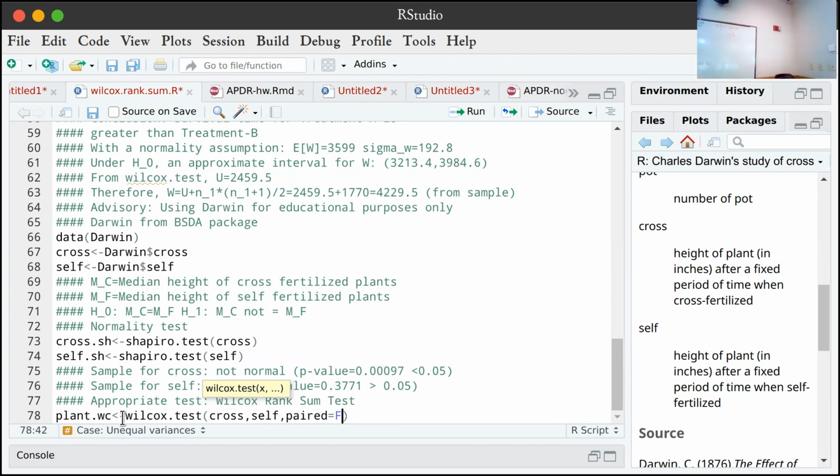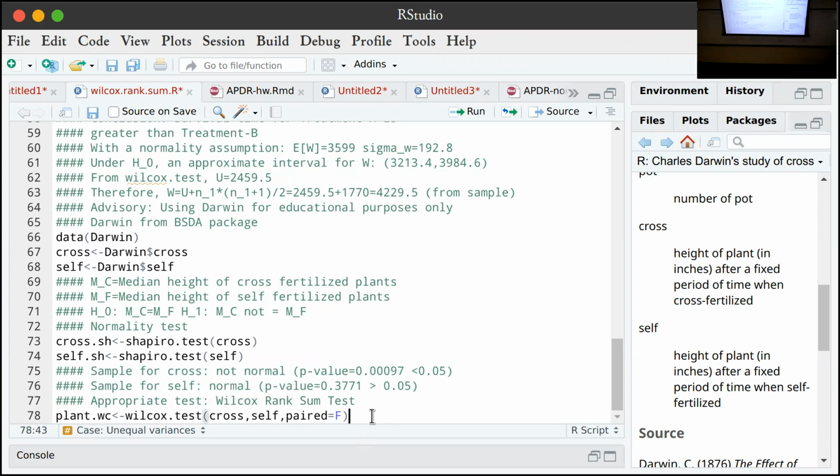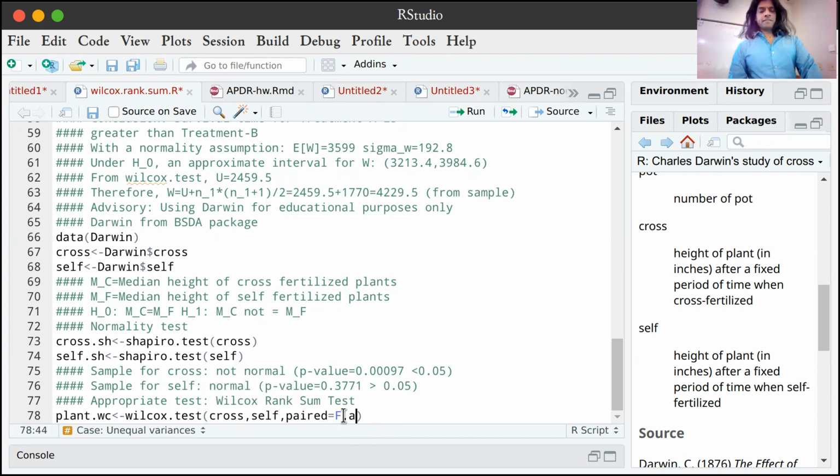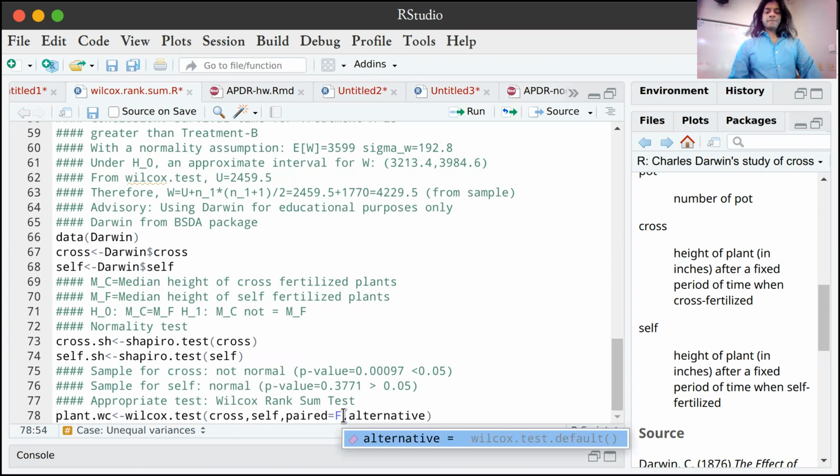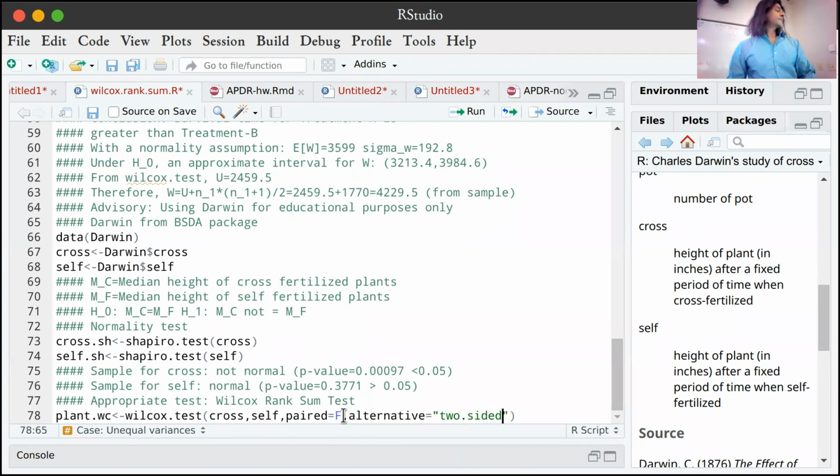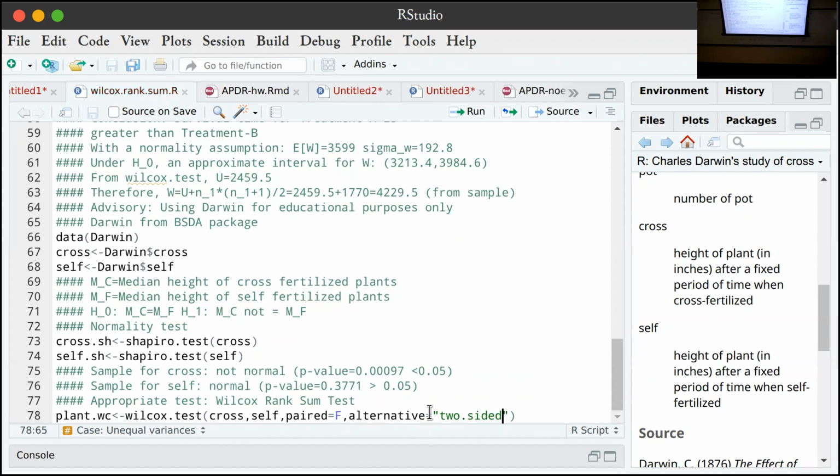That is the case where we would be doing dependent samples. Alternative, two-sided. Good. The rest I'm just going to leave as default.